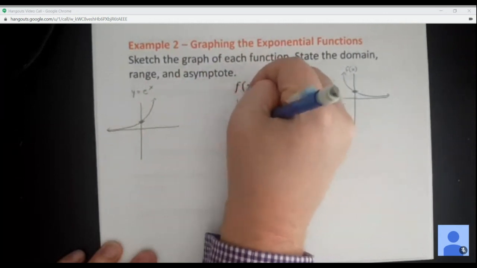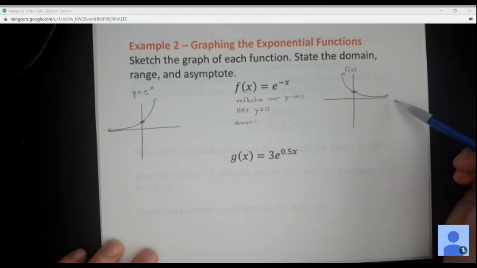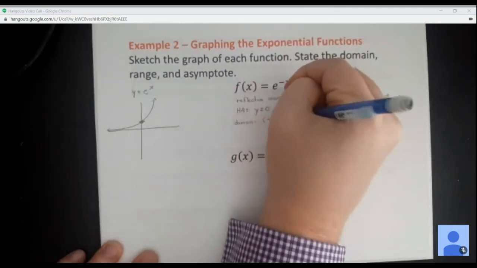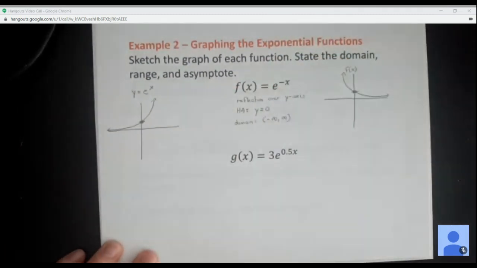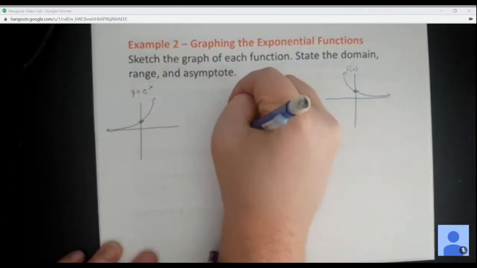What's the domain for this function going to be? Good. So all real numbers, negative infinity to positive infinity. So that's domain. What about the range?